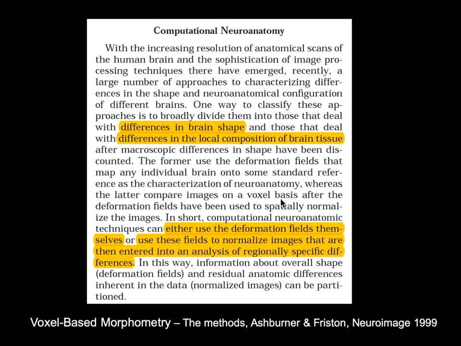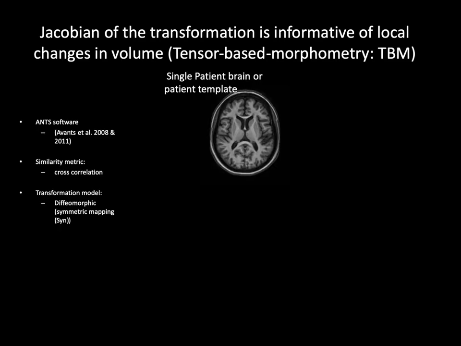So we need to morph the brains into a common space to do any voxel-wise analysis. And then the only thing we could care about is just the voxel-wise values at each voxel location. Or we can actually look at the deformation fields: what type of deformation did we have to apply to each individual brain to bring them into a common space? These are all things that have been around for a while.